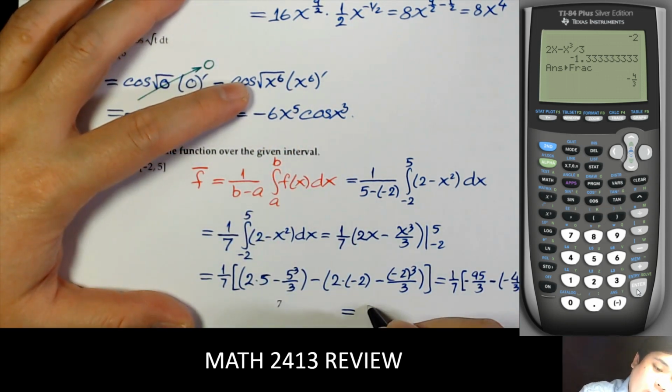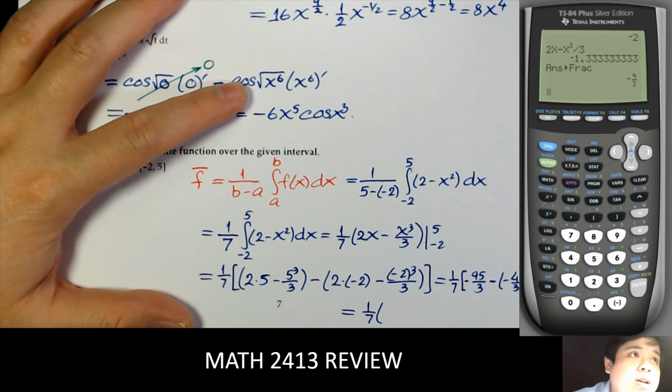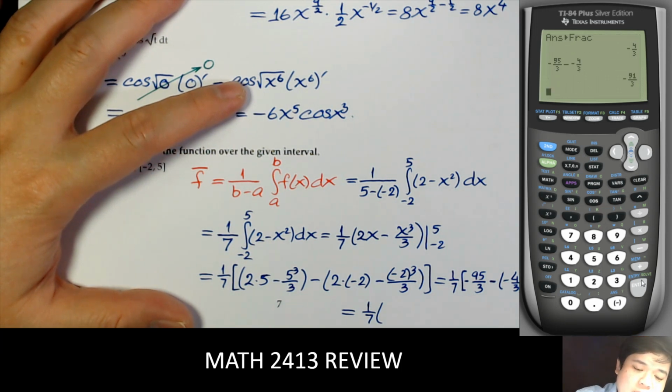Right, so 1 over 7. So we have these values minus these values is negative 91 over 3.